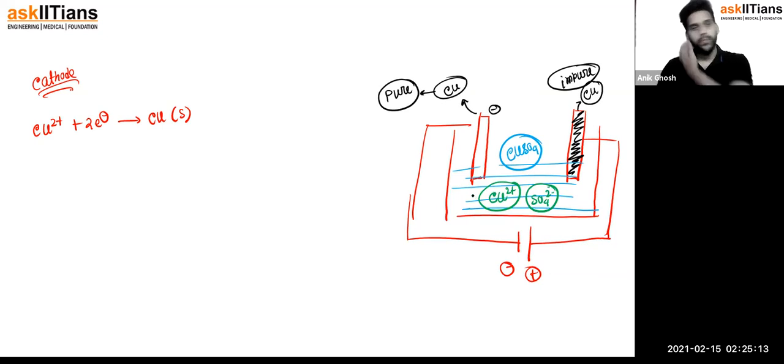Now this Cu2+ would go towards the cathode. Now after that, what would happen? In the anode, what would happen? Let's see.